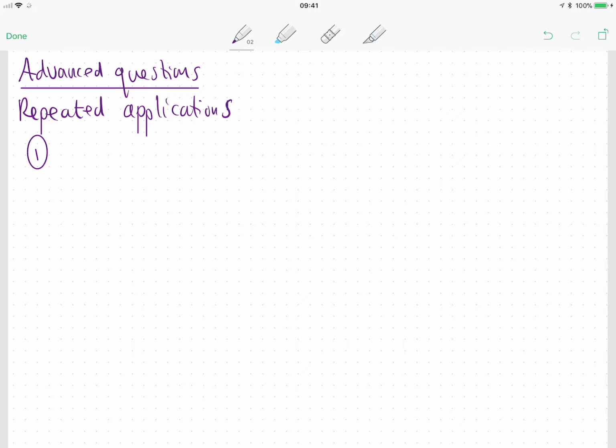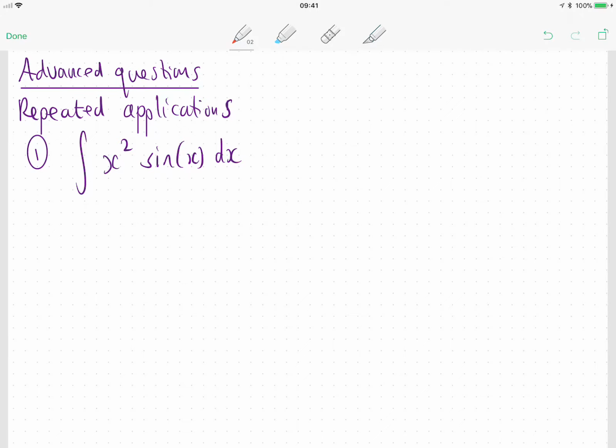Just before I do that, if you find this idea is a little tough, maybe still quite new, I would recommend having a break. If you feel confident with what I've said so far, now is the time to step up to the next level. Look at these more advanced questions. Let's take a look at integrating x squared sine x.